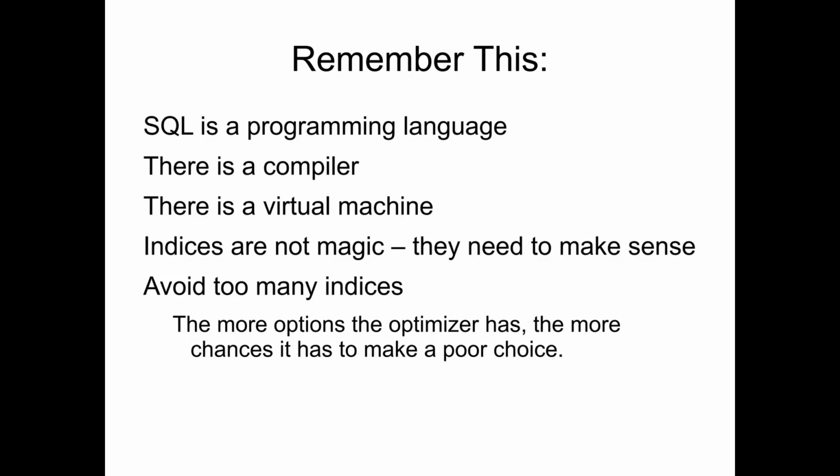But we had 6 different ways of doing a relatively simple query. When you start talking about joins and other things, the number of combinations of ways to solve this problem really mushrooms really fast. And if you have a lot of indices, that gives the optimizer more things to choose from, and that gives it many more opportunities to make a mistake. So you really should try and keep your indices to a minimum.